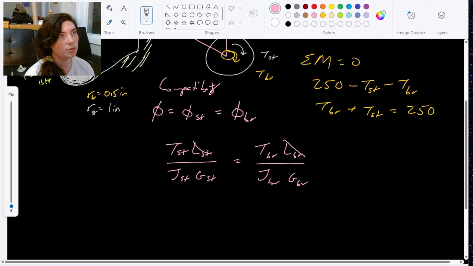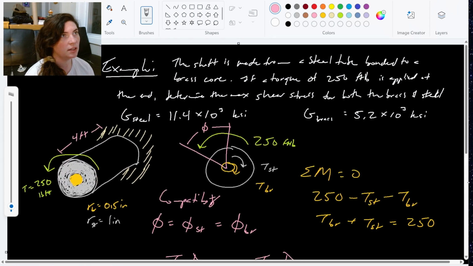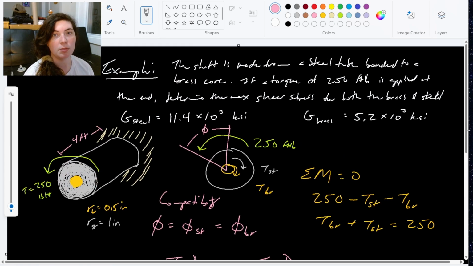My polar moment of inertia for steel and my polar moment of inertia for brass. Now, notice looking at our problem geometry, these are going to be different, right? They have different radii. Our steel is acting like a tube and our brass is acting like a solid rod, so they're going to have 2 different polar moments of inertia.